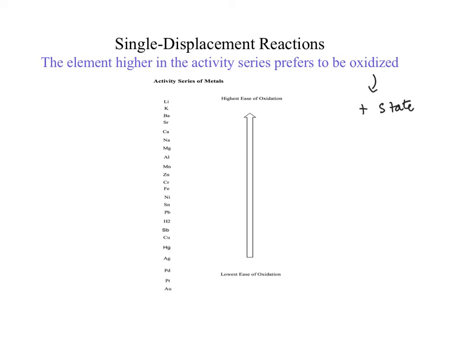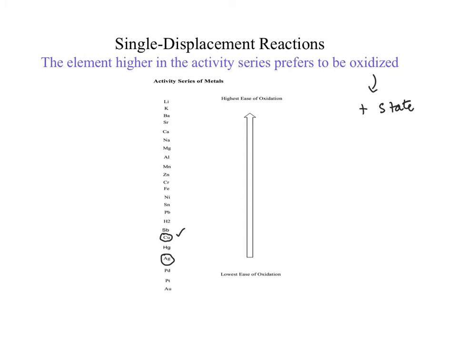All right, so if you go back here, where's copper? Right there. And silver is here. So if you mix them together, copper wants to be copper +1. That's the activity series which will help you predict it.